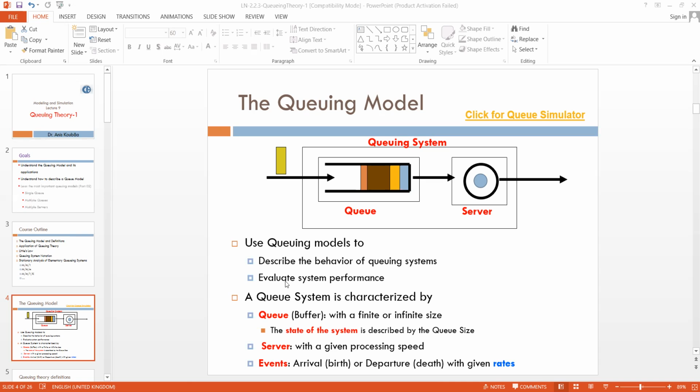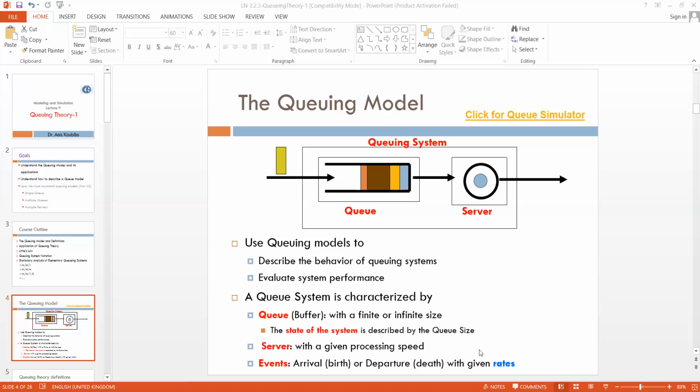It says a queue is characterized by what? The buffers, with finite and infinite size. We are talking about capacities of the systems, how much capacity the system can take. So it says the state of the system is described by what?